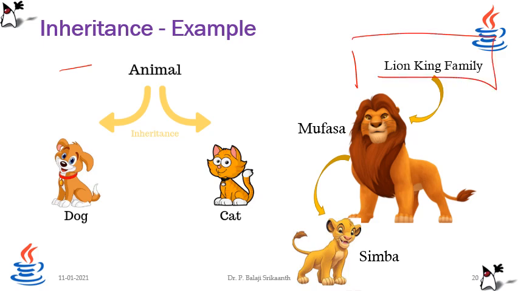In this lineage, Mufasa is the superclass, and Simba, the son of Mufasa, is the subclass. Here we have seen examples for two types of inheritance. Of course, there are many other types of inheritance which we will be seeing in the subsequent units.